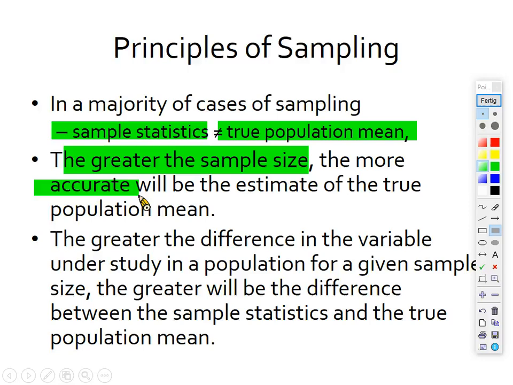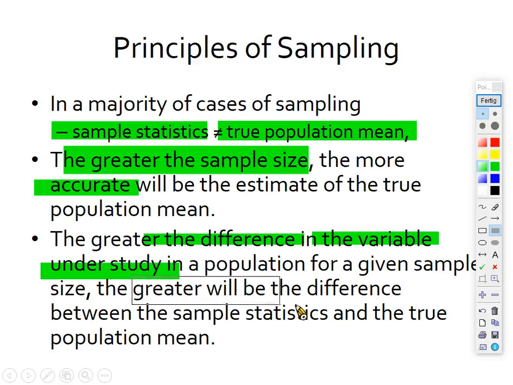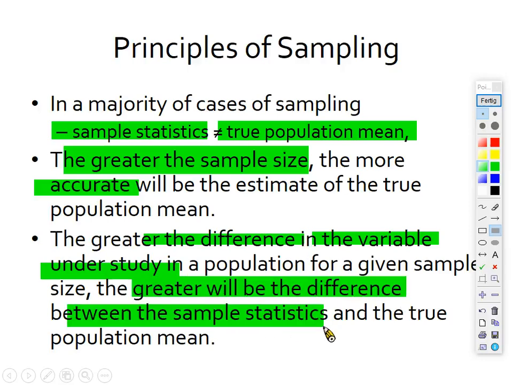The other consideration: if the variable under study is more different among themselves, more different in terms of their values in one variable, then the greater will be the difference between the sample statistic and the true population. Which means that if we collect data from the sample, and the variables within the sample have more varied values, then the estimation will be less accurate.